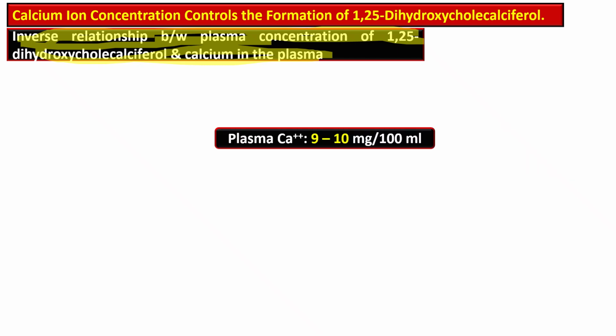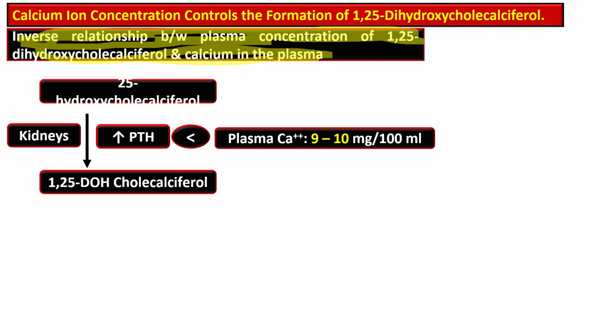So when plasma calcium, which is normally about 9 to 10 milligram per 100 ml, is decreased, there is release of parathyroid hormone, and in the kidney, the 25-hydroxycholecalciferol, under the hormone's influence, is converted into 1,25-dihydroxycholecalciferol.